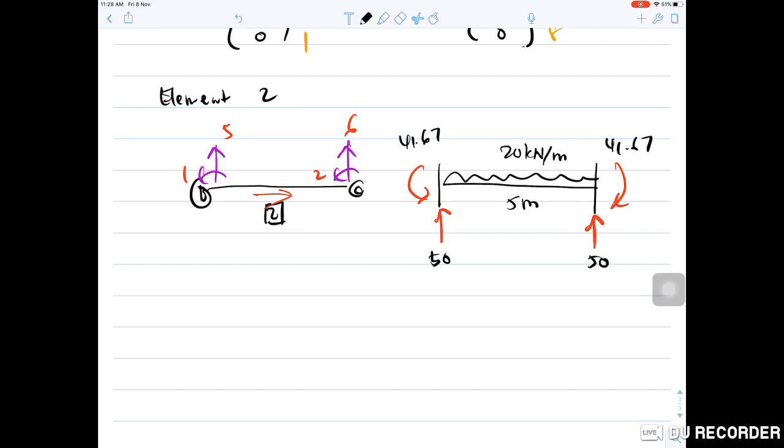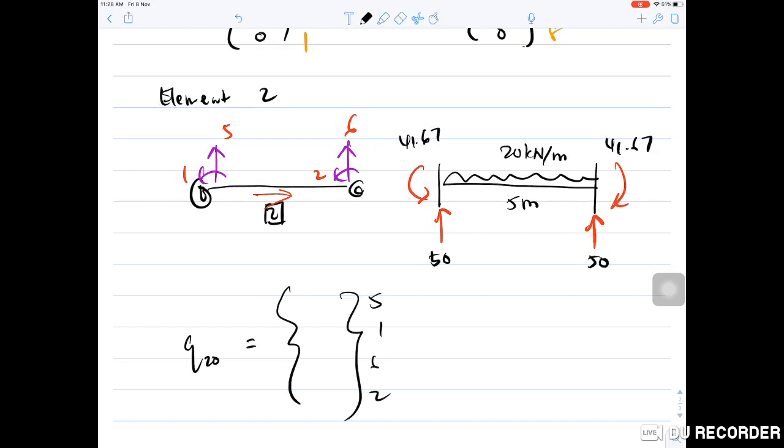Now we want to establish Q2 naught. This is for element 2. Remember the degrees of freedom are 5 1 6 2.